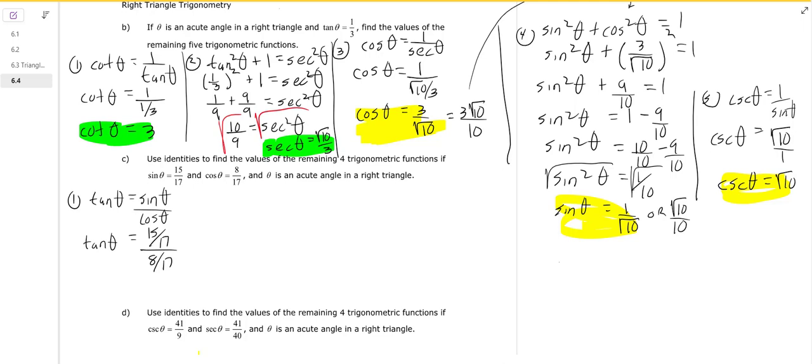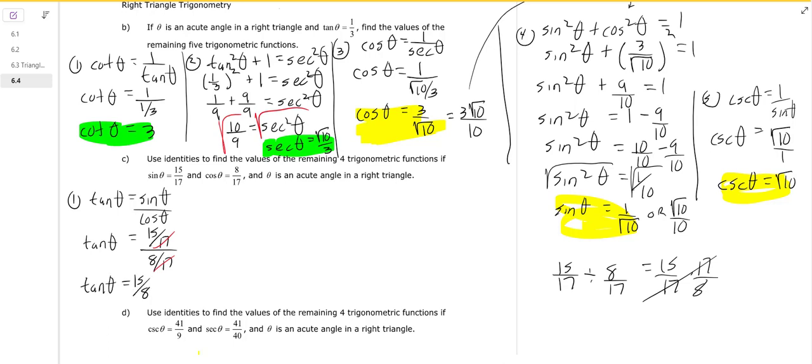So I'm going to just do this at the side here. 15 over 17 divided by 8 over 17. Just a little bit of arithmetic here. That would be 15 over 17 times 17 over 8. So that gives you 15 over 8. So it's okay to just kind of apply that little trick right there. So you get the tangent of theta is equal to 15 over 8.